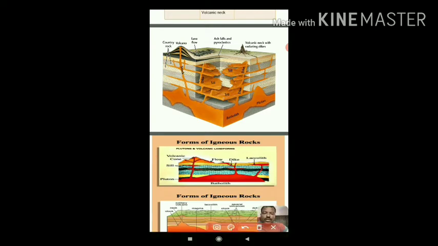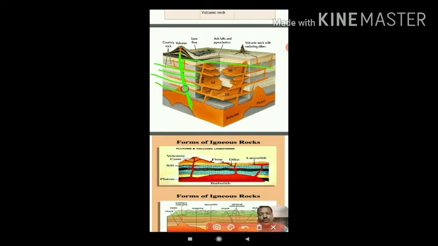You can see that these are the bedding planes, which are all vertical, while the magmatic intrusion occurs from the magma chamber and injects across all the bedding planes. This injection occurs within the earth's crust and cuts across all the bedding planes.